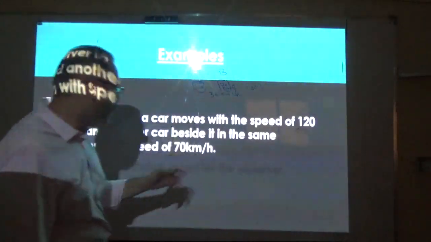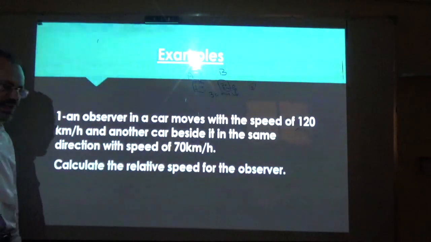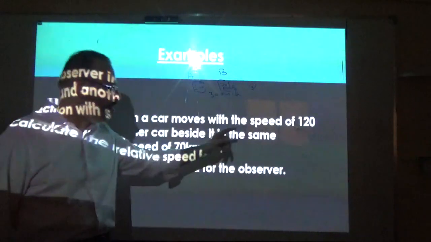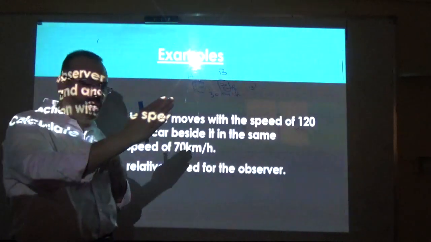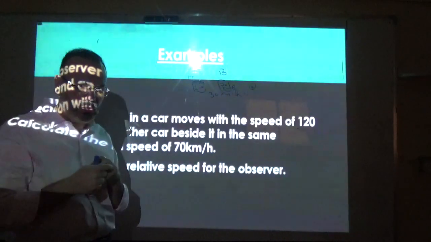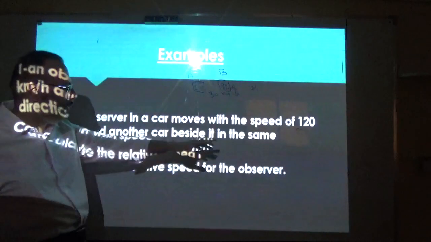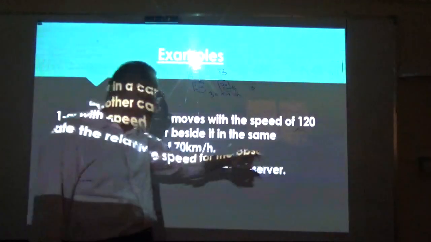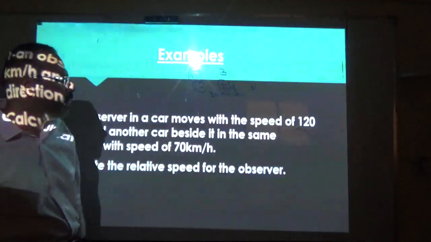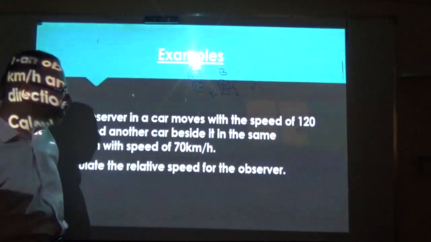Calculate the relative speed. How can we calculate the relative speed in this case? We said that if the two objects move in the same direction, we subtract the two speeds. So we make 120 minus 70, and it equals 50 kilometers per hour.